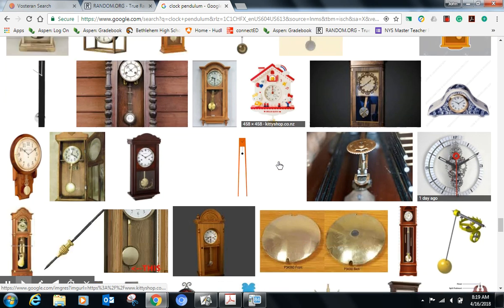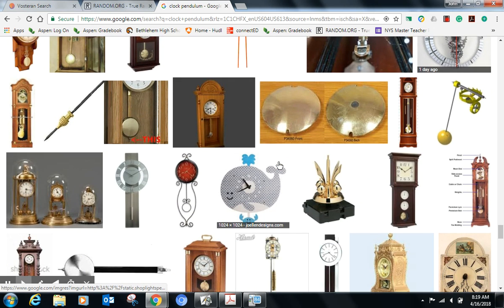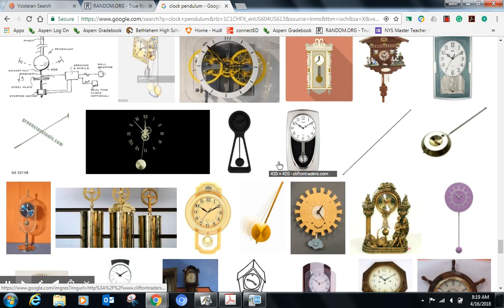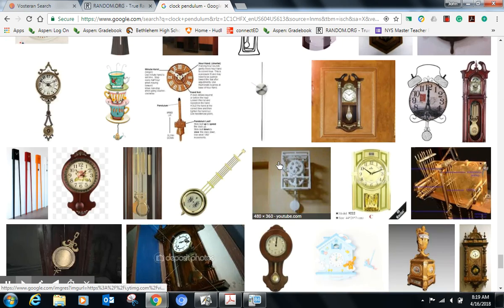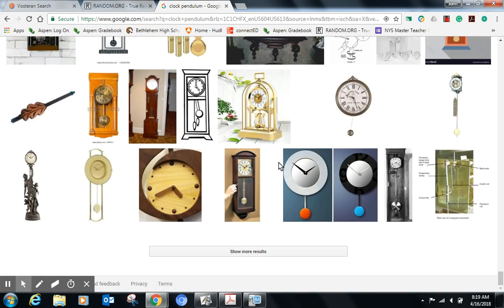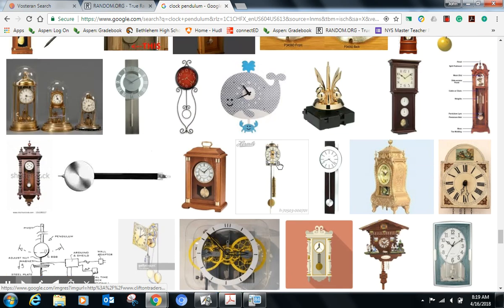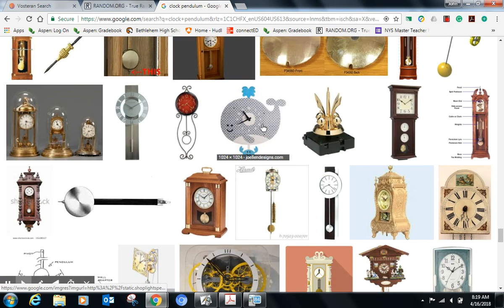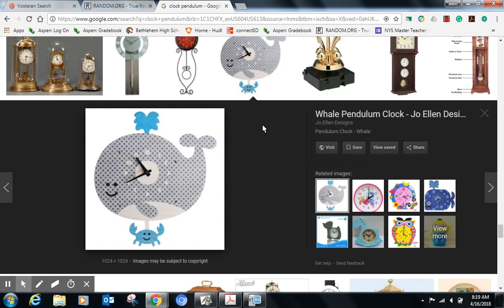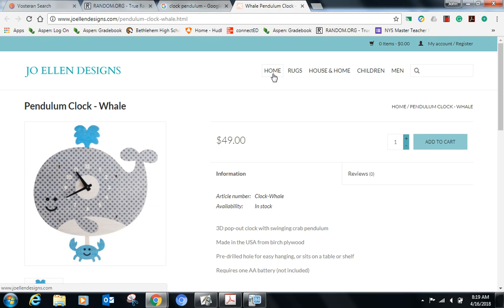What's anything else? Got the whale again. Nice. All right, there you go. Pendulum, everybody. Let's see, can you purchase that whale? That would look great in my daughter's room. $49.